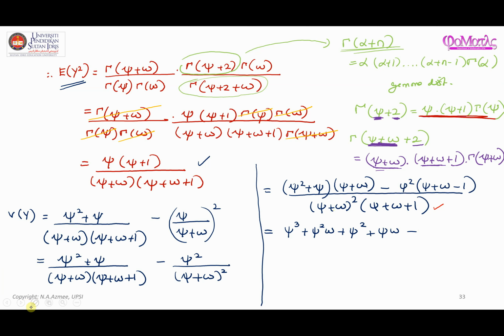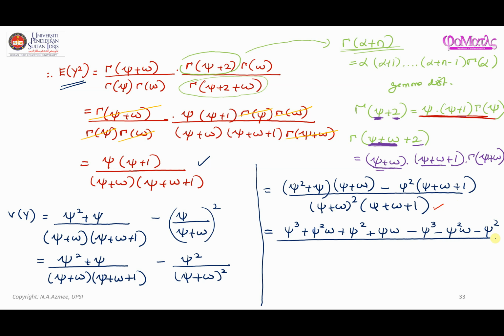So that one is psi squared, and psi is psi cubed. Psi squared and omega is psi squared omega. Psi squared with 1, this is correct. This one is positive. So psi squared times 1 is going to be negative psi squared, yeah?